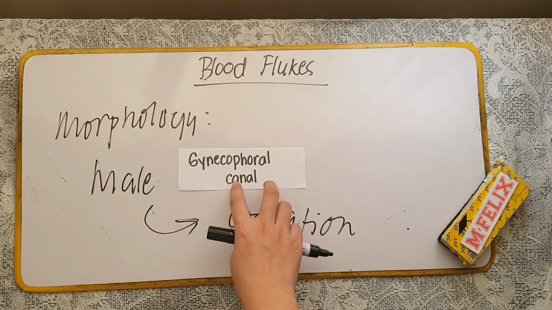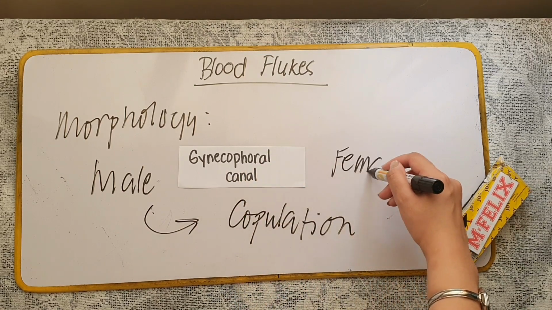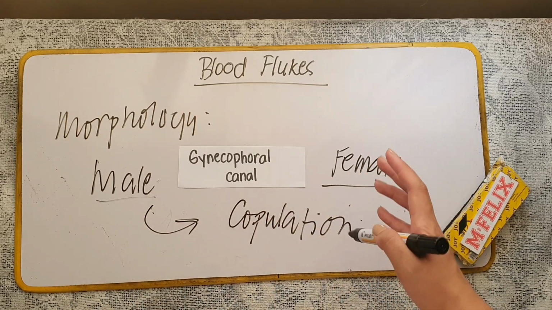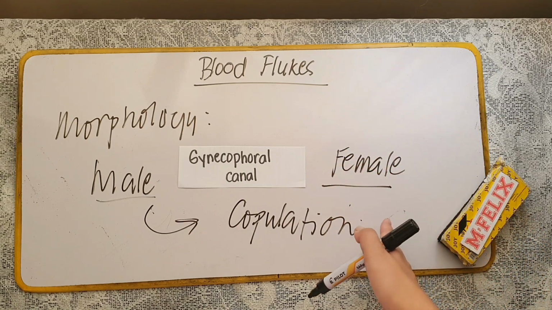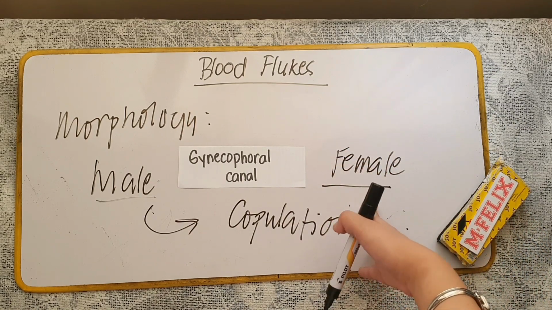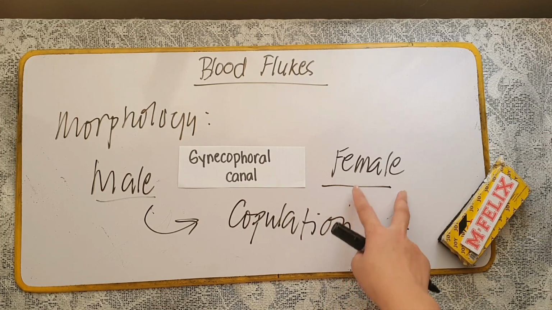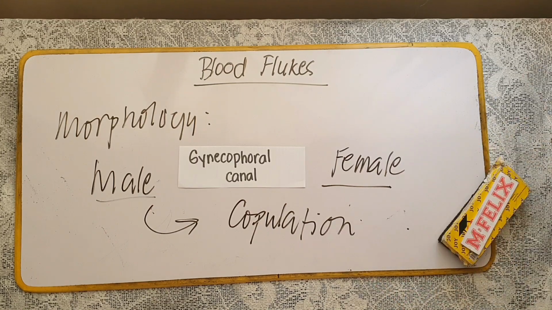This structure has the function to hold your adult female. So the male looks like it is cradling its female partner. The female adults are thread-like structures measuring about 2 cm in length.